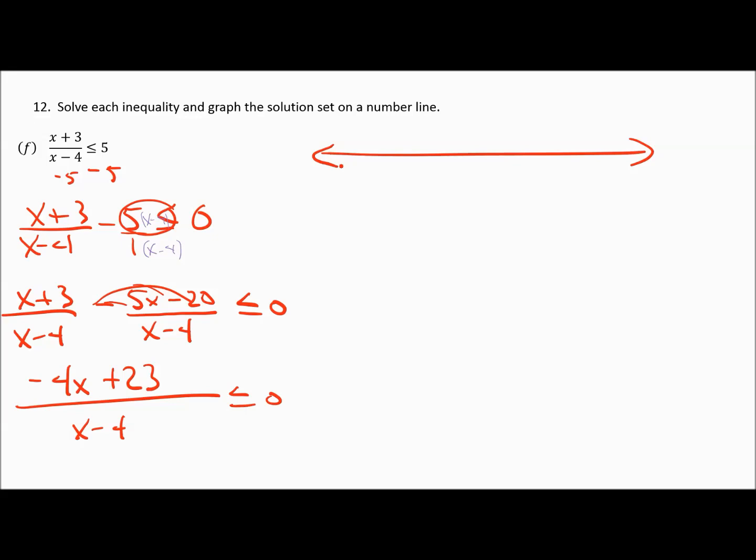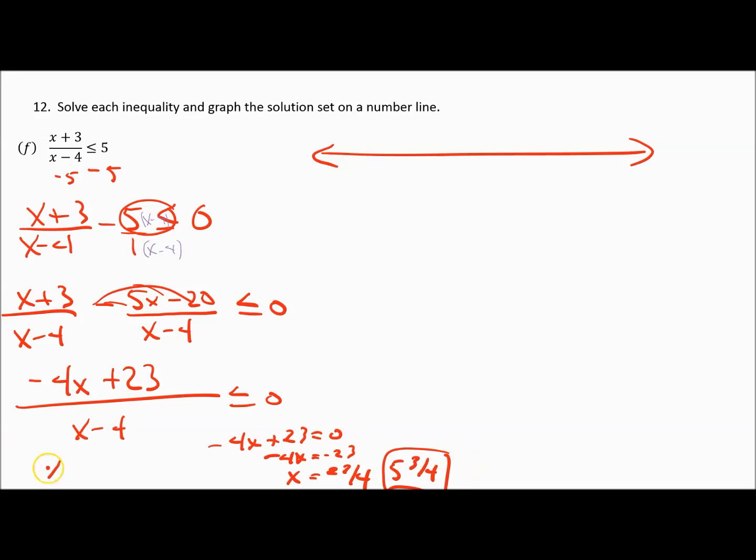So I set negative 4x plus 23 equal to 0 to figure out what number to put on there. So I subtract the 23. And I divide by negative 4. So that's going to be 23/4. Now if you like, that's 5 and 3/4, written as a mixed number. So that's going to be one of my numbers that goes on the number line.